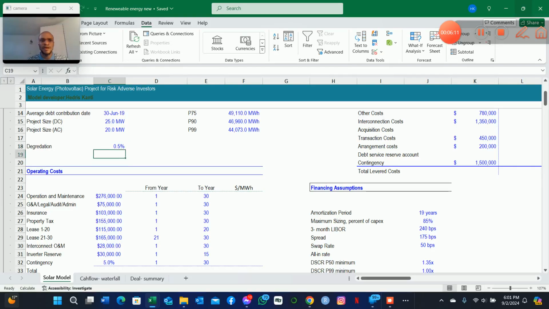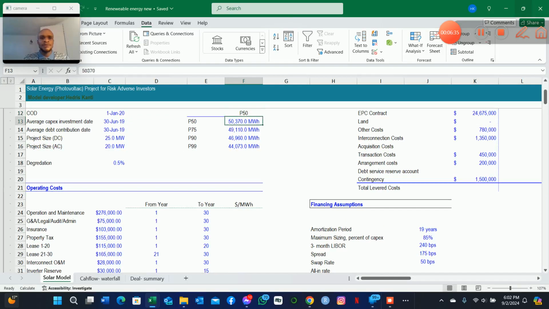So it's a standard practice to always include degradation in the model because of this exposure of these photovoltaic panels to certain conditions. So this ultimately will affect our revenue going forward.